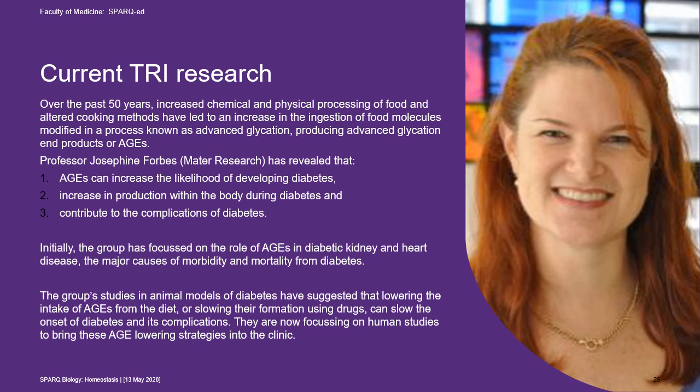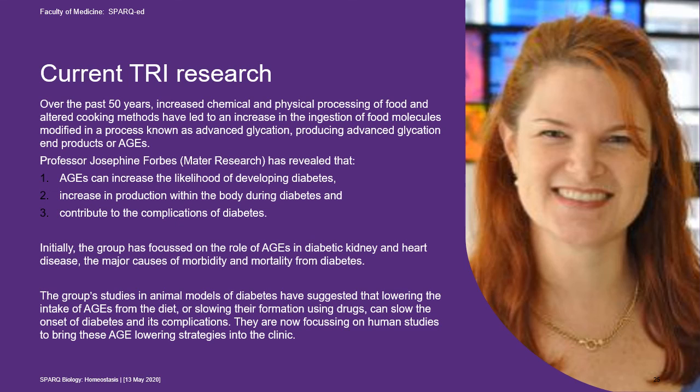The group's results have shown that AGEs can increase the likelihood of developing diabetes. They also increase in production within the body if you have diabetes. And finally, AGEs contribute to the complications of diabetes. Professor Forbes's group focused on heart and kidney disease in terms of complications.